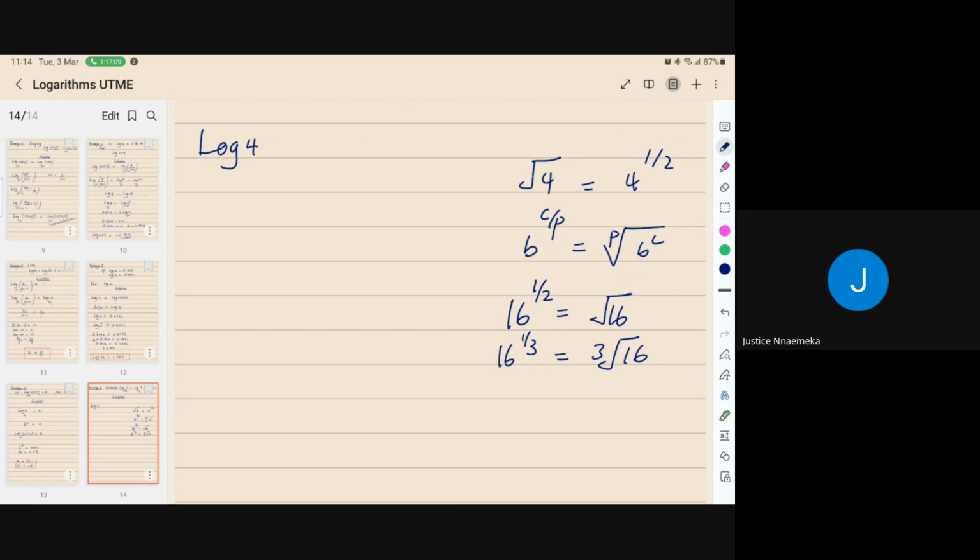This one requires that I flip the base, and when I flip it, it might not be funny. So let me maintain and possibly give that to you as work to do. Or should I go ahead and solve? Are you sure you're going to follow through? Okay, so let's get our hands dirty.